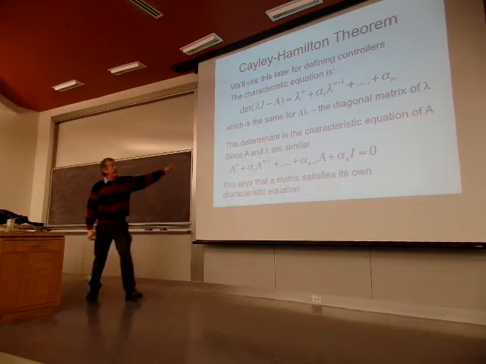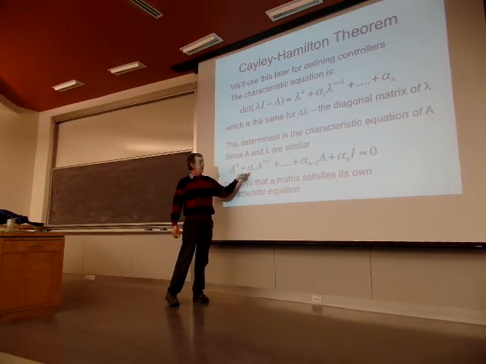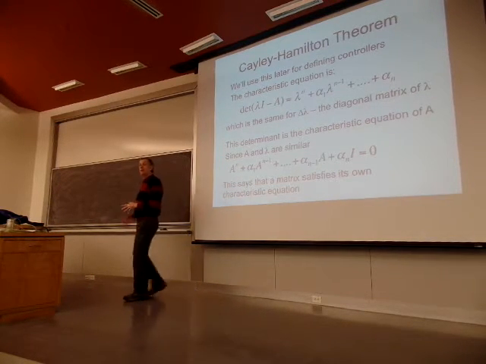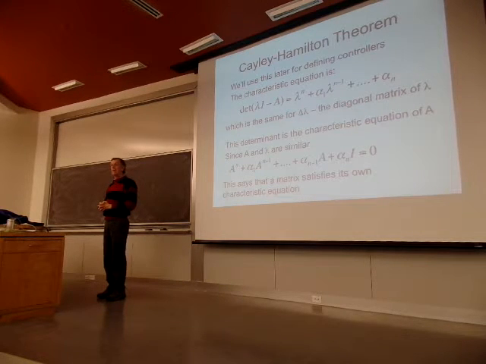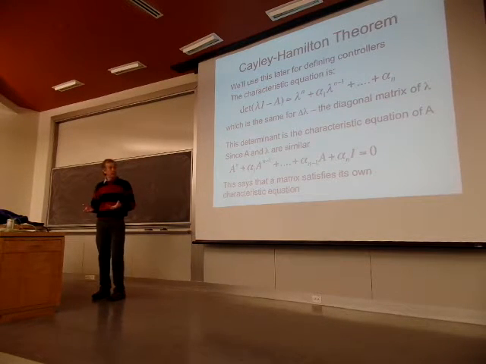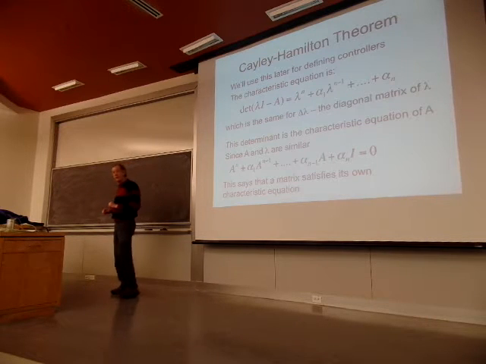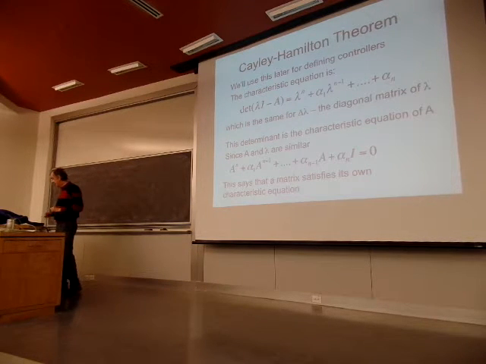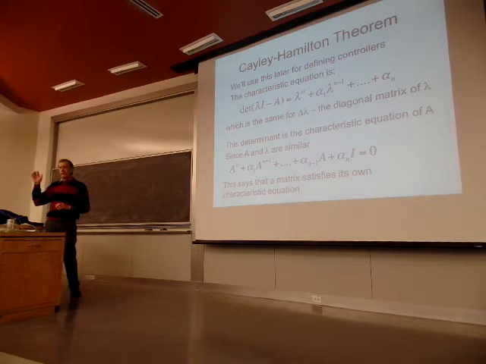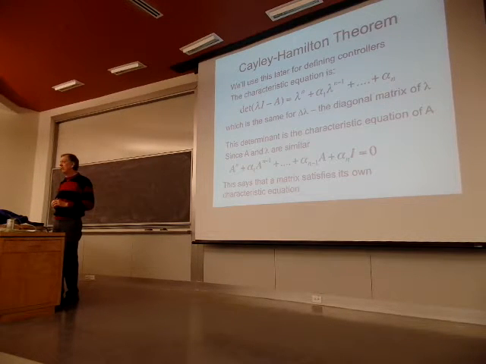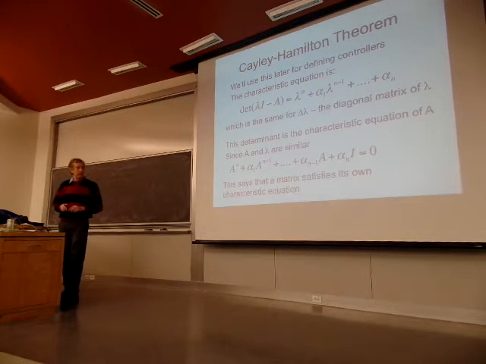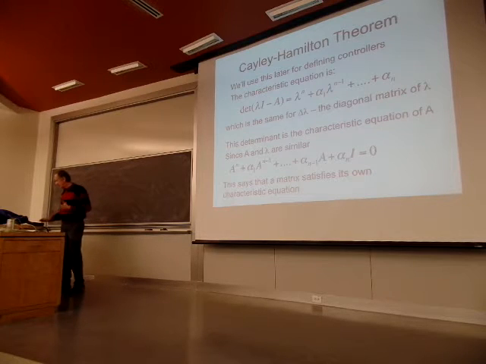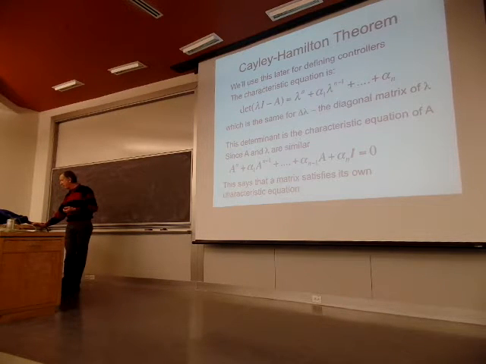Well, if this is the characteristic equation, what are the alphas? What are the coefficients of the characteristic equation? Yeah. So I have this in terms of coefficients of the characteristic equation. Maybe I can solve this. All right. Anyone ever seen Cayley-Hamilton before? Probably not. Hopefully we'll use it.